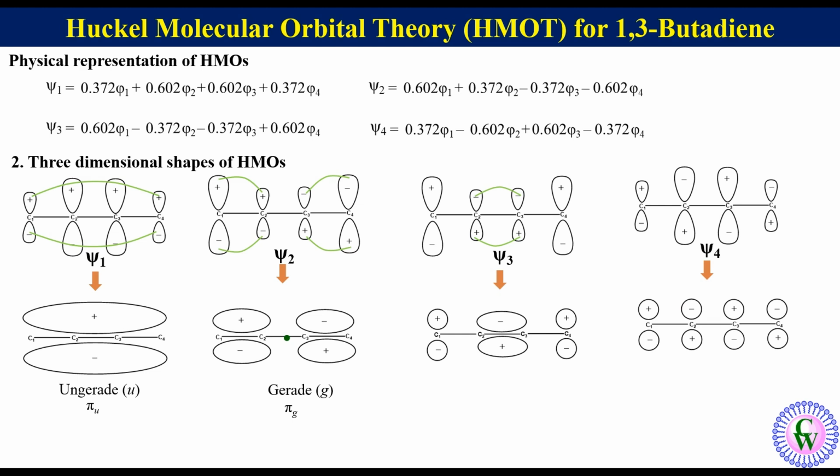Psi 3, having no inversion center, is ungerade and is represented by pi u, and psi 4, with an inversion center, is gerade and is represented by pi g.